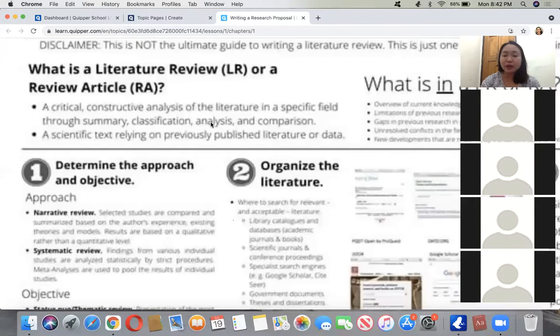You comment as an author on what happens with these research outputs, and then you compare whether the results agree with one another, or whether they contradict, within your own idea. And then it is a scientific text relying on previously published literature or data. That's why you have to do library research and internet research.